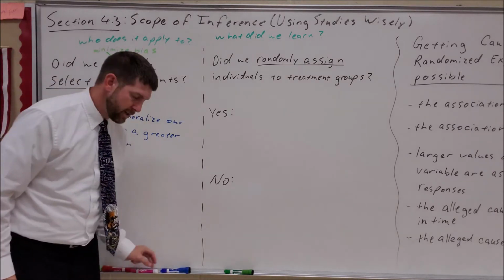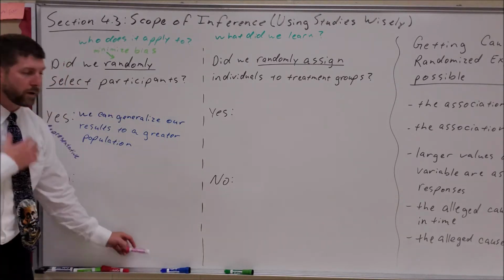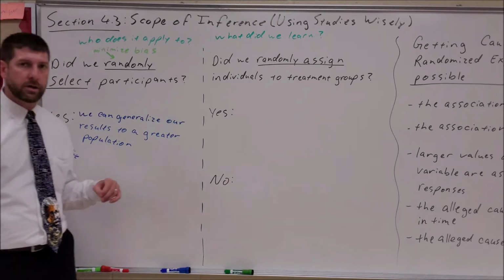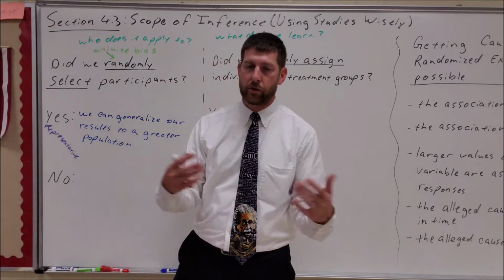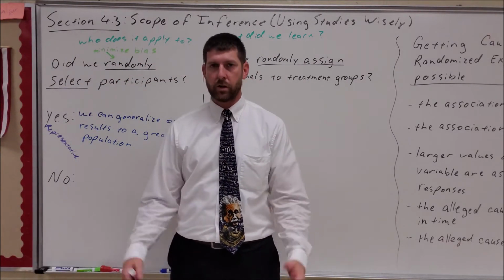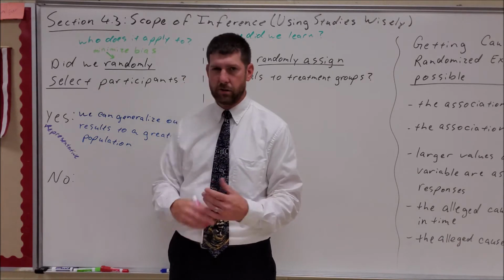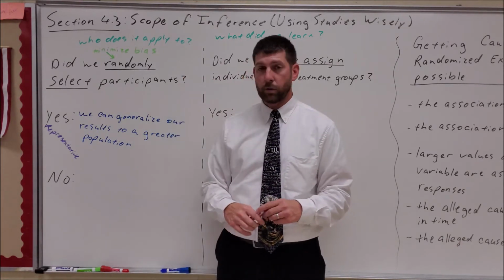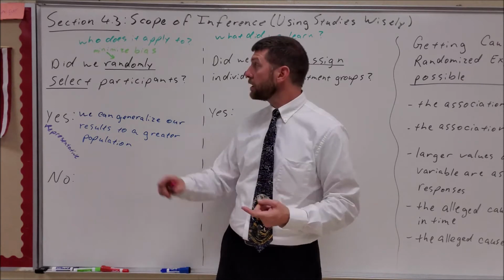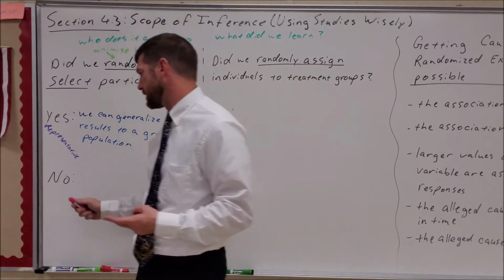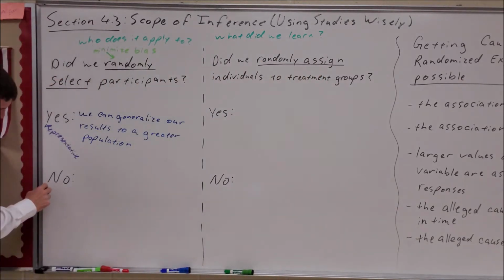Now on the other side, say we did not randomly select participants. Say we just walked up and talked to the first 100 people or 200 people that we saw, and they happened to all be located near each other, a convenient sample. So we did not randomly select, we did not minimize bias. So what we have is a non-representative sample.